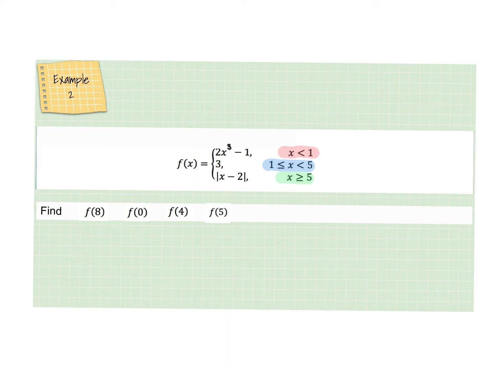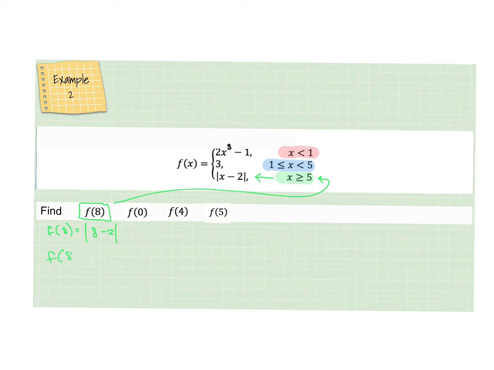So the first one, we have f of 8, and this number is greater than 5. Therefore, I'll be using the absolute value of x minus 2. So I have f of 8 is equal to the absolute value of 8 minus 2.